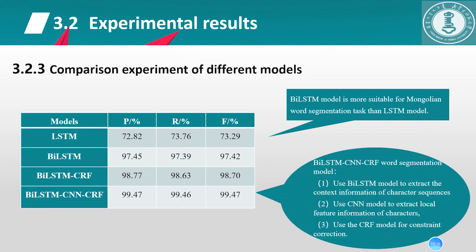The BiLSTM CNN CRF Mongolian word segmentation model uses the BiLSTM model to extract the context information of the character sequence, uses the CNN model to extract the local feature information of the characters, and uses the CRF model for constraint correction, and the final F value is the highest.